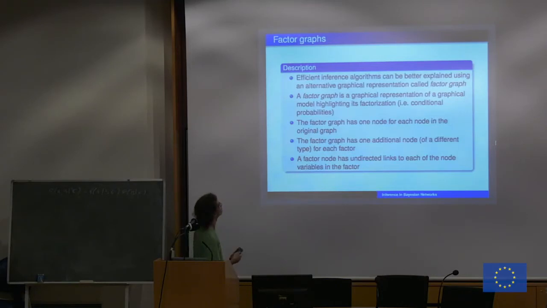A factor graph is basically a graphical representation which highlights the decomposition of the joint probability into factors, local components. It has basically one node for each node in the original graph, and one node for each factor. And factor nodes are connected to variable nodes.